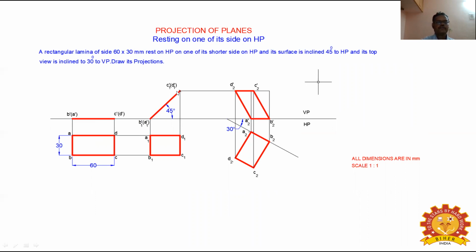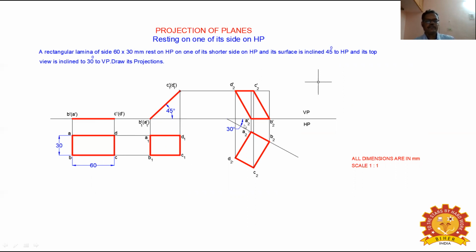Mark c1 dash, d1 dash. From c1 dash and b1 dash, draw vertical lines, and from the top draw a horizontal line. The intersection points are marked A1, B1, C1 and D1. Since it is inclined to HP, the size of the rectangle is smaller compared to the original one.